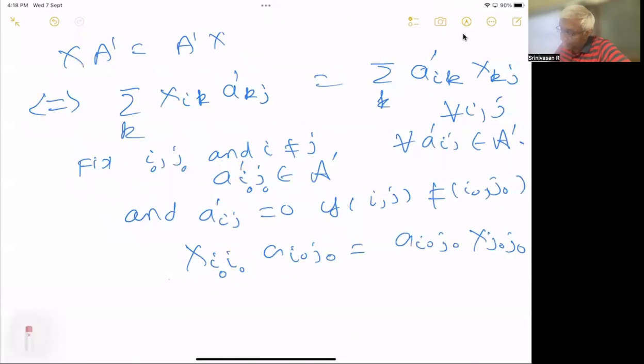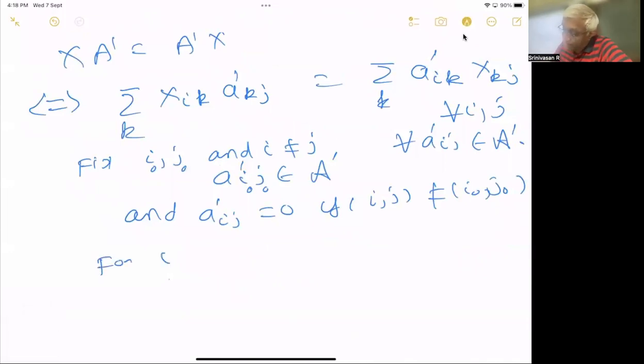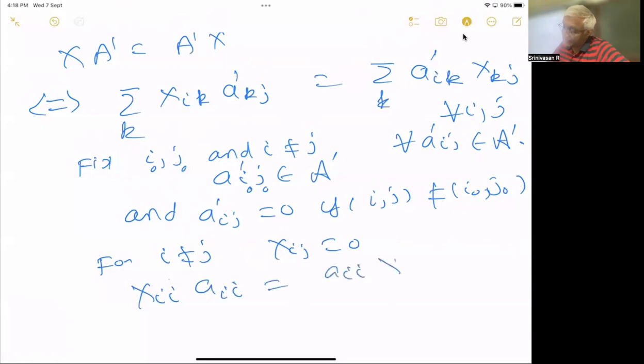Let me write what I want to write. Then we see whether it is correct or not. I want to say that whatever expression I have written is true for all i, j. The claim is the following. For i not equal to j, x_{ij} equals 0. That's one thing. So when i equal to j, then x_{ii} a_{ii} equal to a_{ii} x_{ii}.